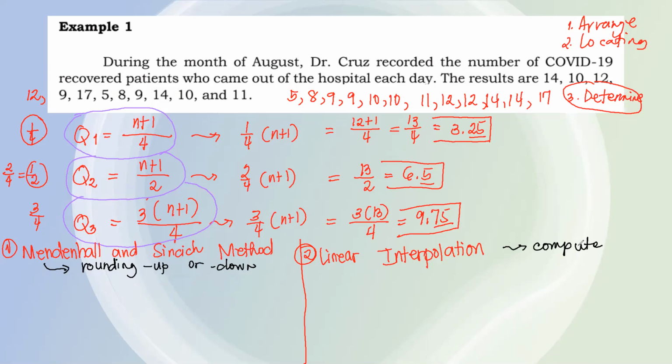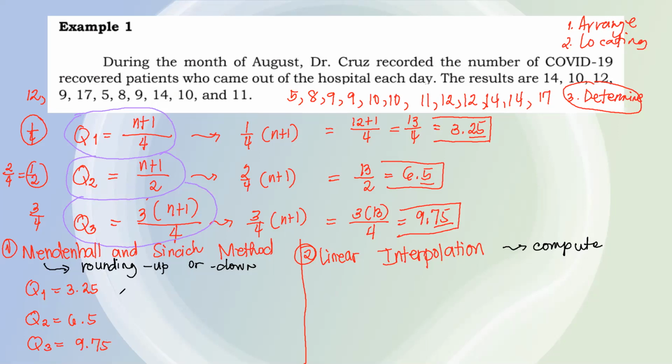Yun yung pinagkaiba ng dalawa. Okay? So let's say na dito sa Mendenhall, yung first quartile natin is 3.25. Second quartile natin is 6.5. And yung ating third quartile ay 9.75.